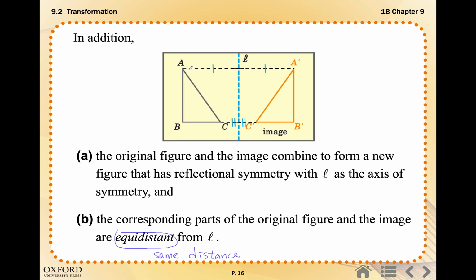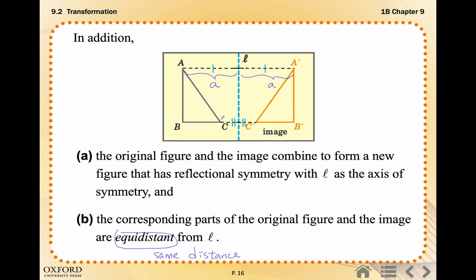For example, if you look here, the distance between point A and the line L, this distance, if I say this distance is equal to small letter a, and then the distance between the image of A, that means A dash, and the line L, this distance also equals a. That's why they are equidistant. And the same for the other points.